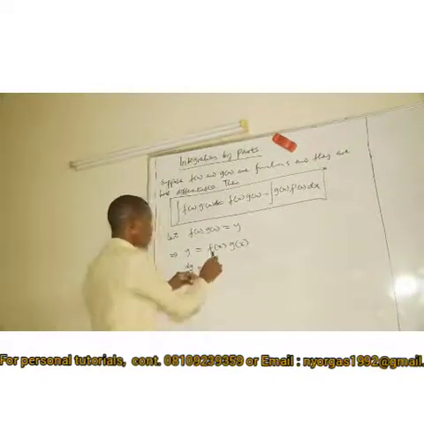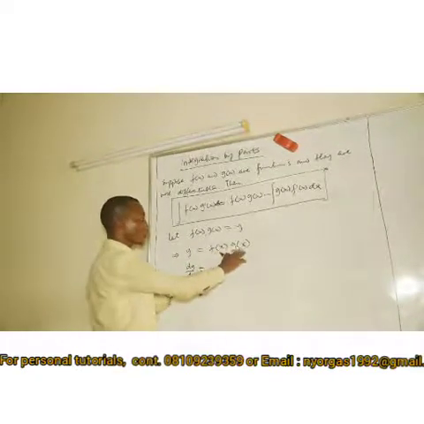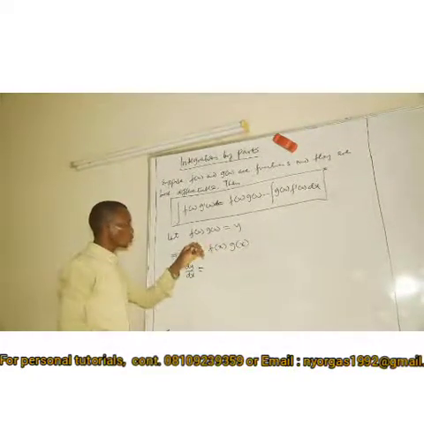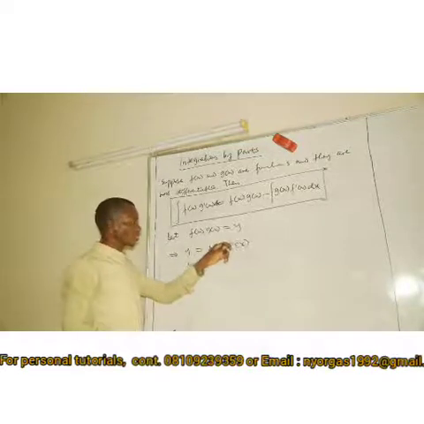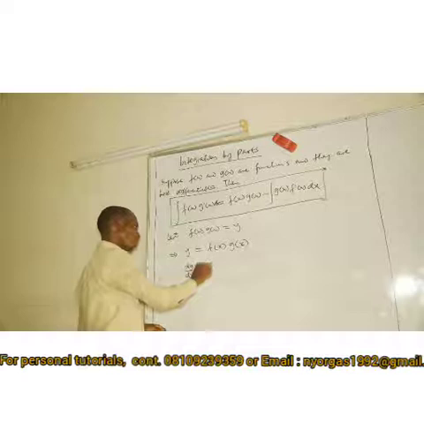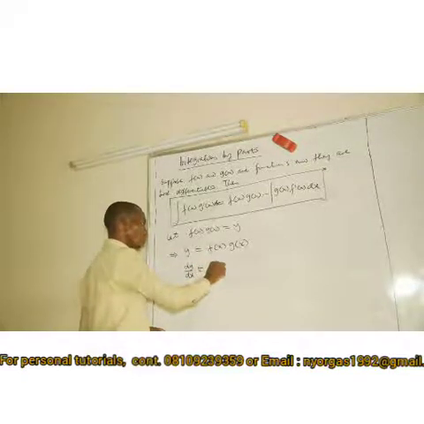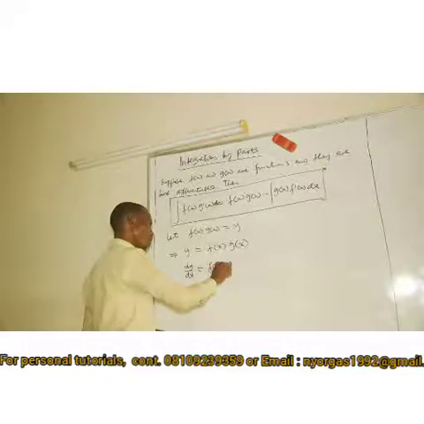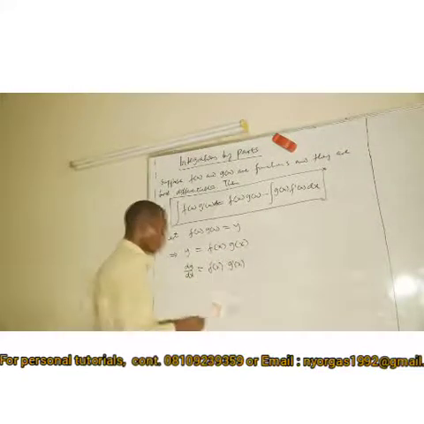So, in this case, we have two functions, f of x and g of x. We keep f of x constant and differentiate g of x. You have f of x times g prime of x.